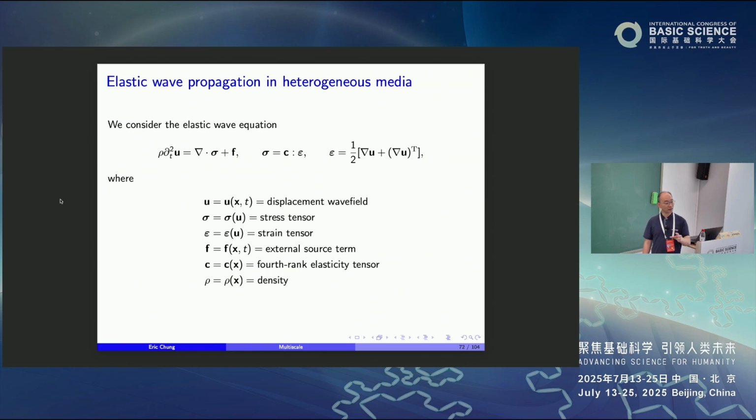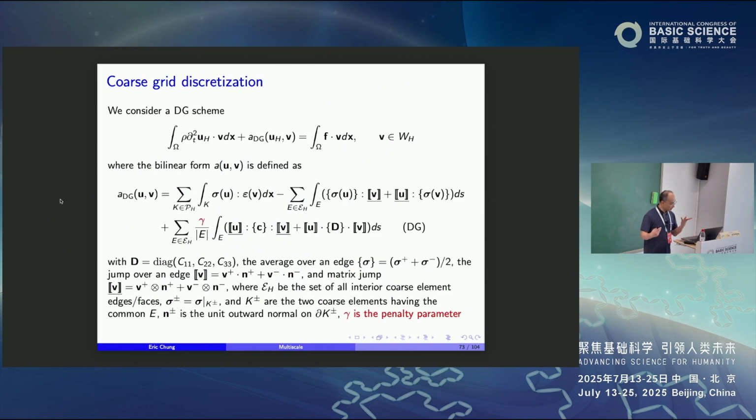Again, that can be spatially heterogeneous. So again, for the scheme, we can also write down an equation that looks like this. We solve this equation to compute the approximate solution u_H.